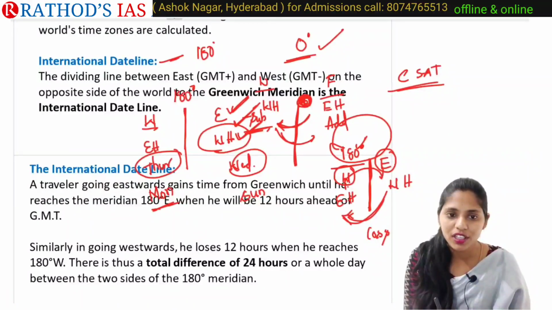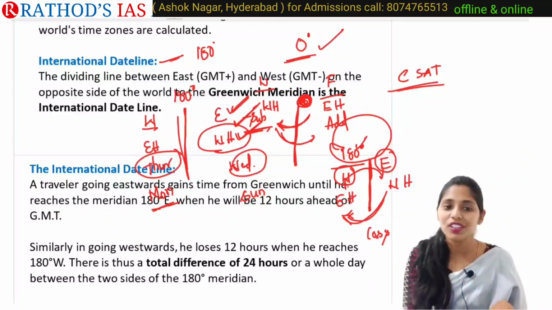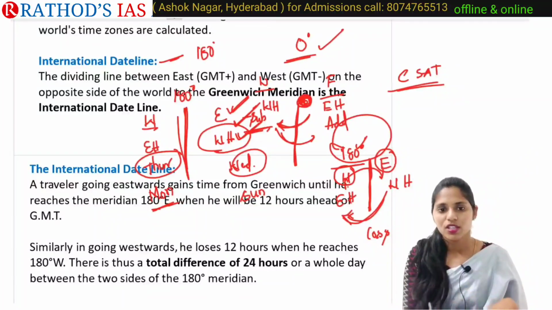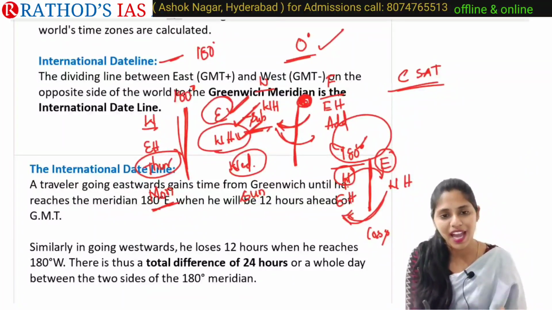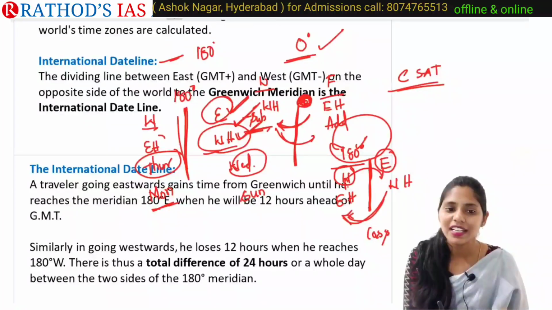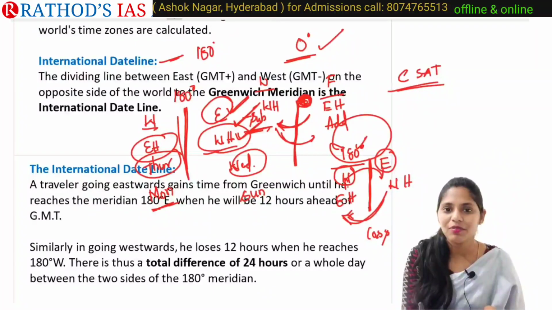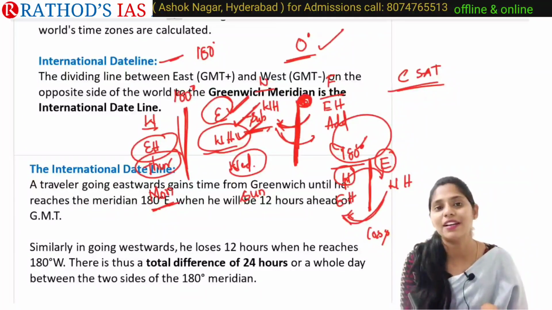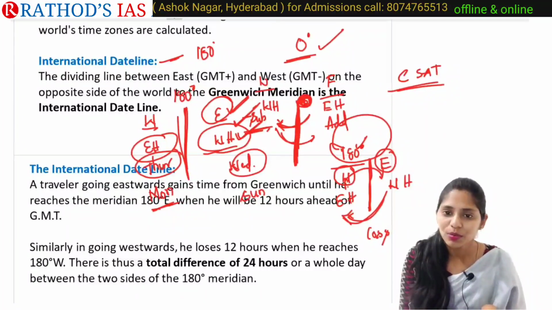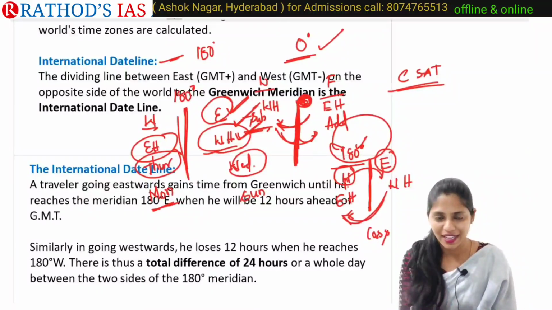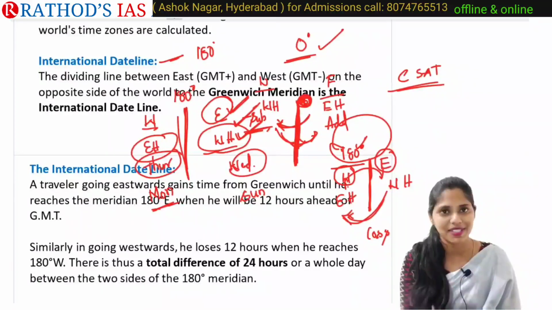So if you are comparing with this international date line, on your east side you will have the western hemisphere and on the western side you will have the eastern hemisphere. From this line, that is our standard meridian, 0 degrees, if you are moving towards east you will be adding time, and towards west you will be subtracting time.